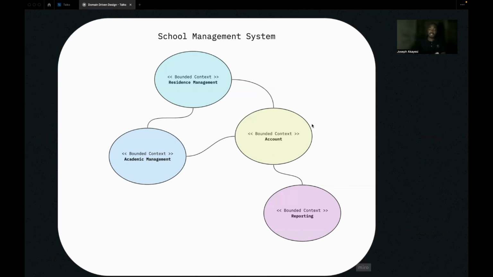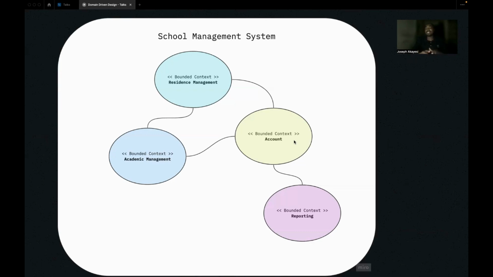We also have a bounded context accounts, which has to do with the accounting aspects of our school management system. And so we want to be able to know which students have paid which fees. Have salaries been paid to these professors? How much salary is this professor taking? How much arrears does this student have? Things like that.